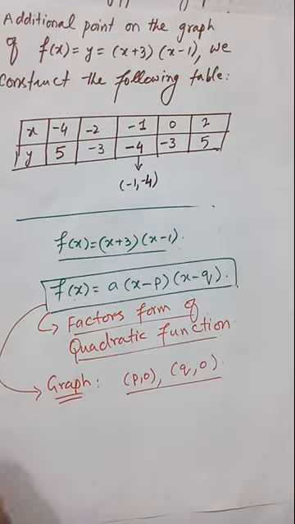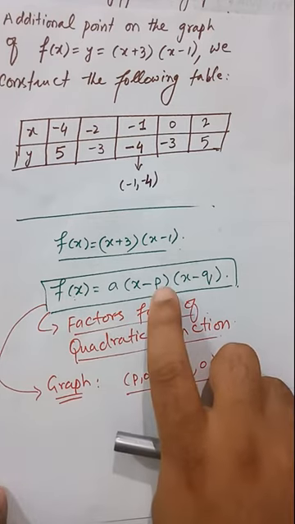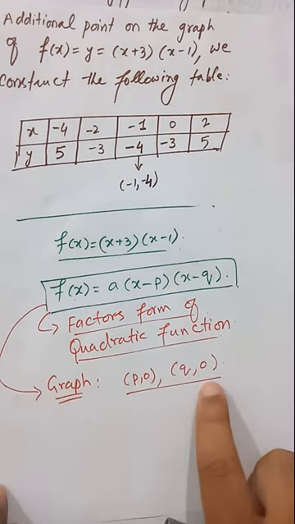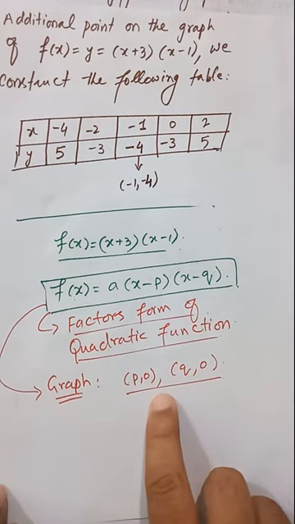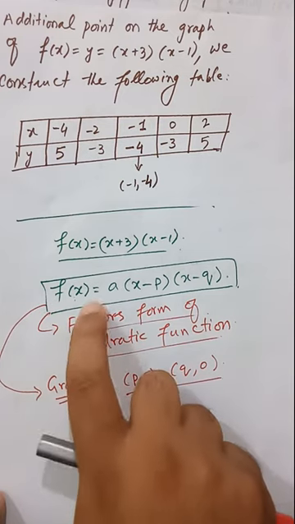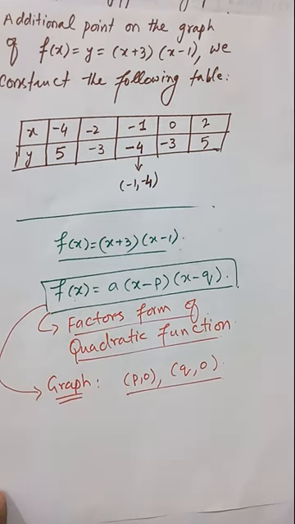So you clearly see that (-3, 0) and (1, 0) are the points from which the graph passes the x-axis. So in this factor form of a quadratic function, remember that (p, 0) and (q, 0) are actually the x-intercepts, meaning from these 2 points the graph of this function will pass through the x-axis.